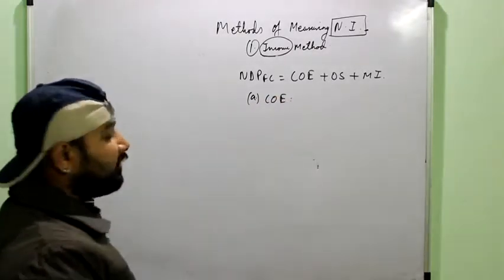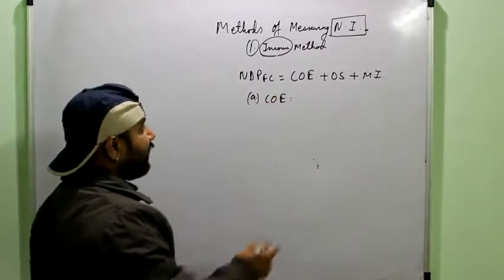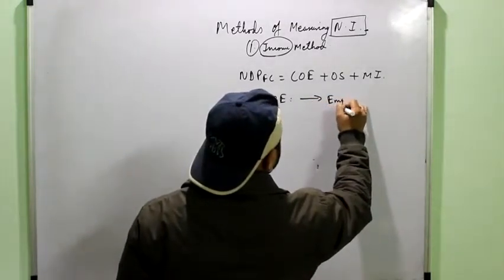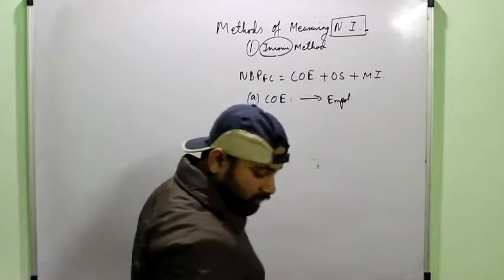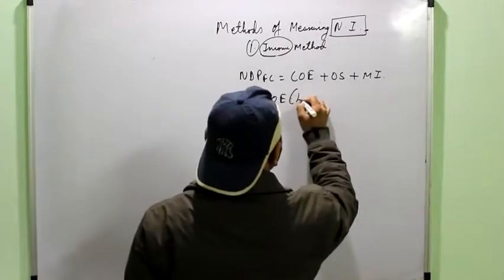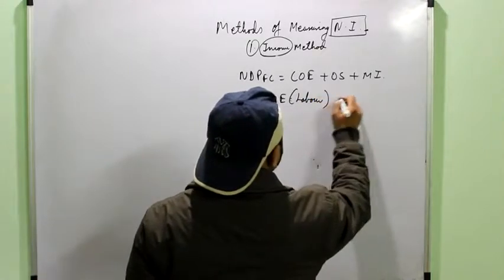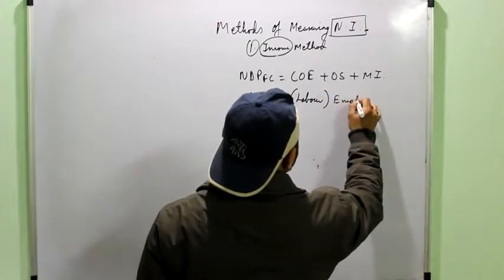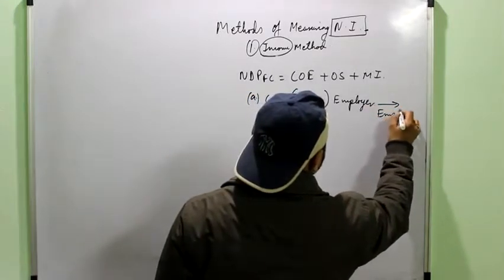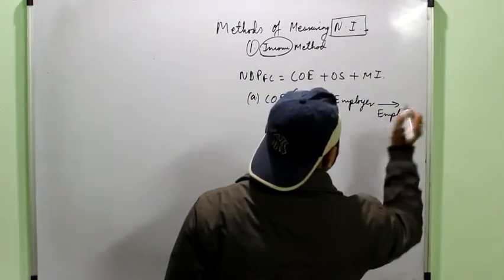As discussed, it is the compensation of employees, or any income which is being generated or which is flowing from the employer to the employee. Income of the labor from the employer to the employee. Right?